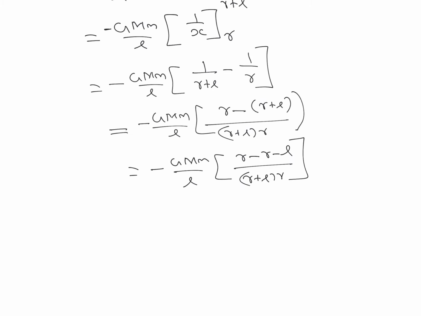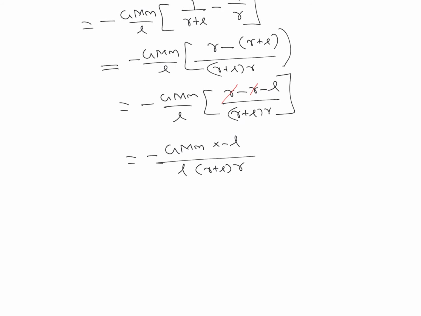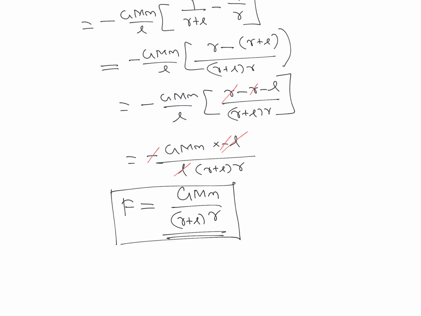We can observe that r minus r cancels, giving minus of G M m into minus L divided by L into r plus L into r. The L and L cancel, and the two negative signs cancel, giving plus 1. So this is G M m divided by r plus L into r. That gives the net gravitational force of attraction between these two objects.